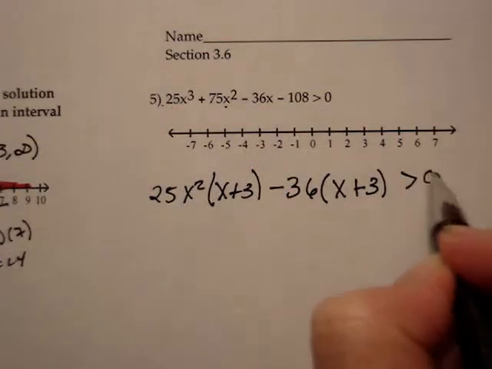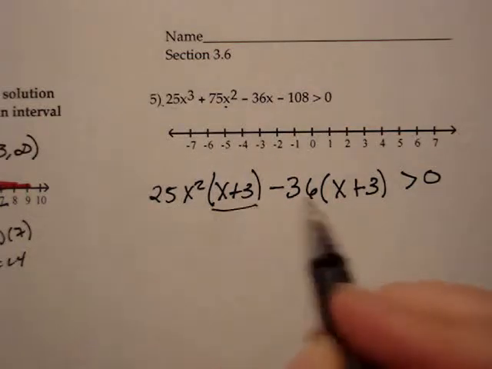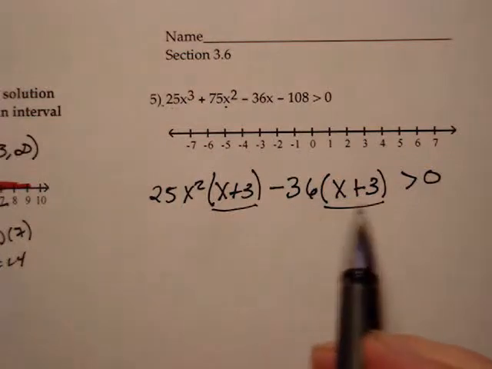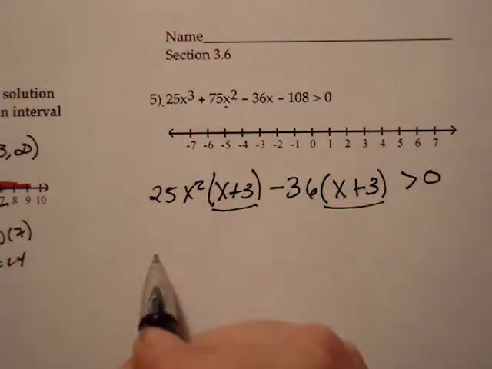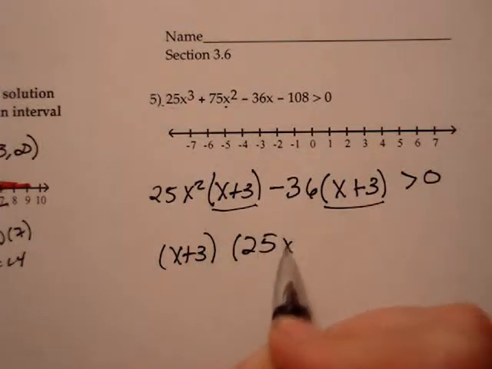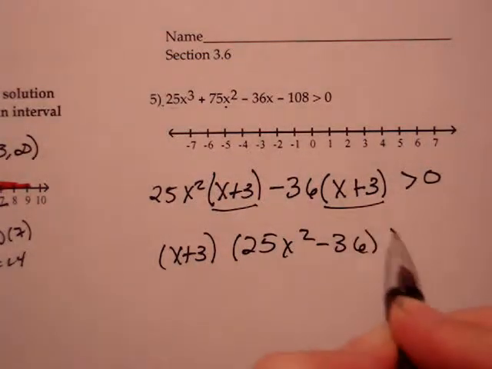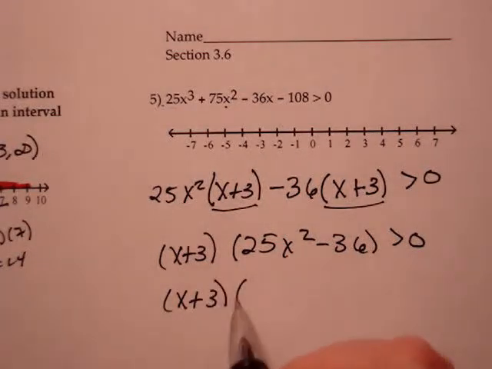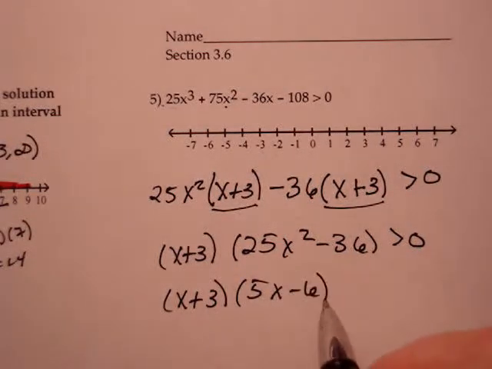That's convenient, isn't it? Okay. So now the factor of x plus 3 is what's in common to these two big terms that I've created. And so x plus 3 is what factors out front, and I'm left with 25x squared minus 36. And I can keep factoring because 25x squared minus 36 is the difference of squares.